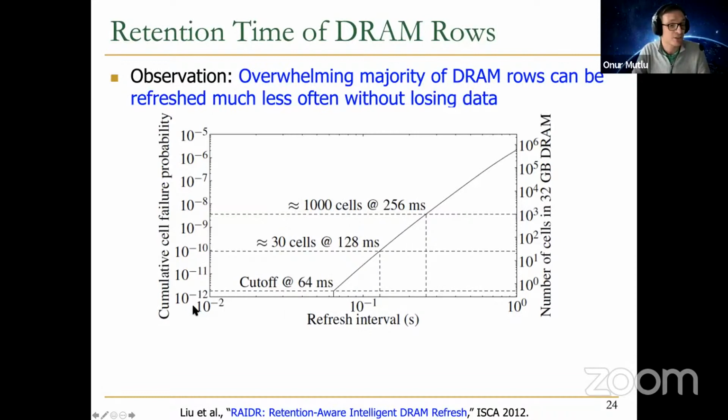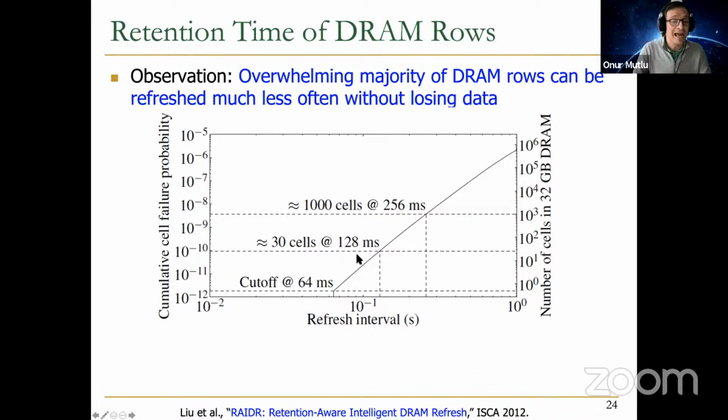The y-axis is cumulative cell failure probability. And that's the left y-axis. And the right y-axis is really the same axis, but represented in number of cells that have errors in 32 gigabytes of DRAM. So at 64 milliseconds, you should really get 0 cells that have failures, or close to 0 cells. There's some inherent failure rate that may happen, but anyway, we're not going to talk about that.